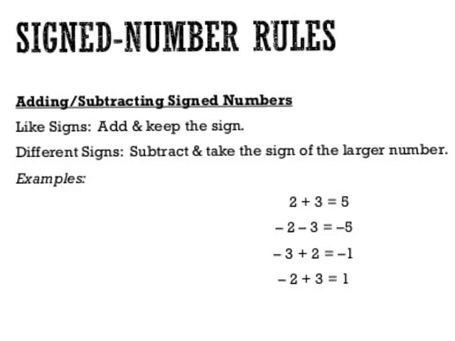When you're adding and subtracting positive and negative numbers, if you have two signs that are alike, whether it be two positives or two negatives, you're always going to add, and you'll keep the sign. If you have different signs, like one positive and one negative, it's always going to be a subtraction problem, so you're going to subtract and then take the sign of the larger number. If the larger number was positive, when you subtract, your answer is going to be positive. If the larger number was negative, you subtract and your answer is going to be negative.